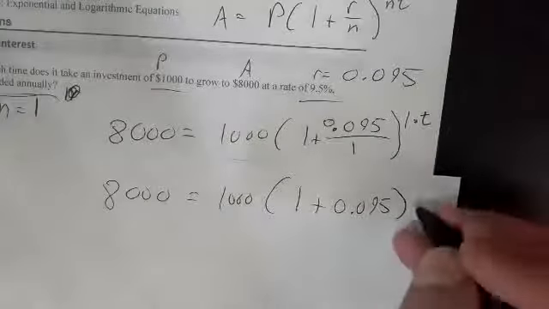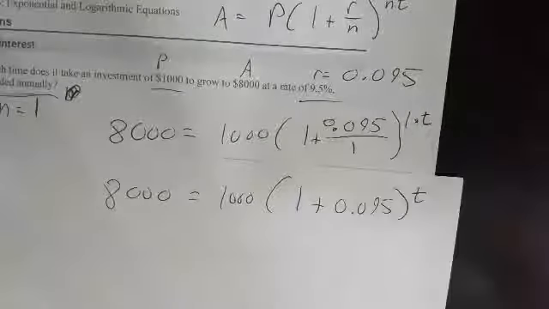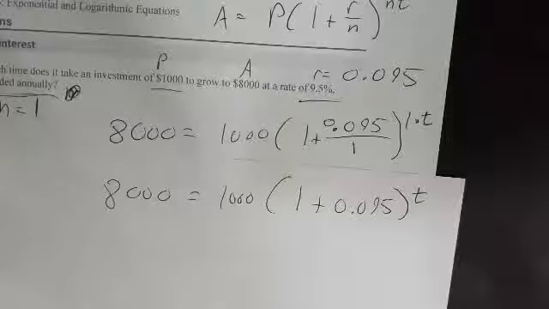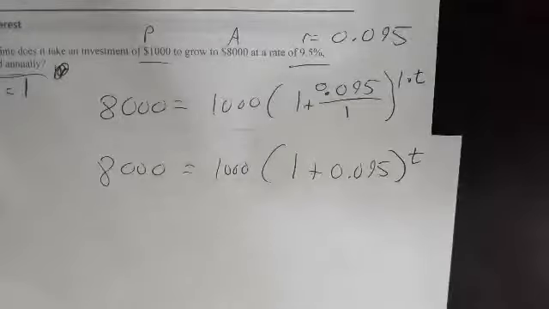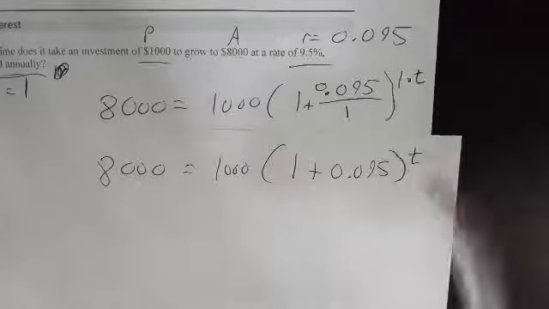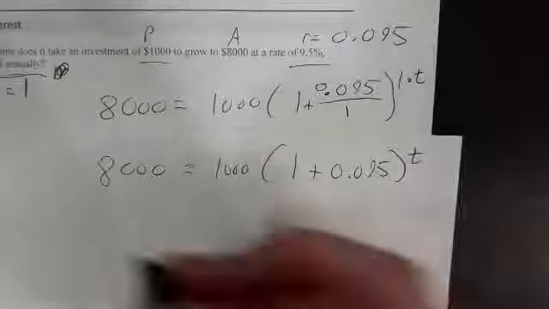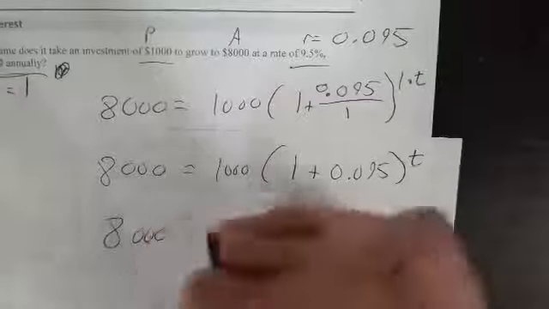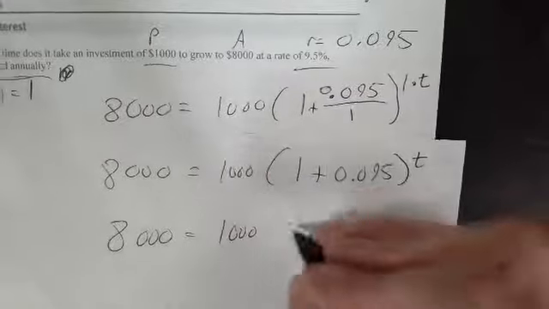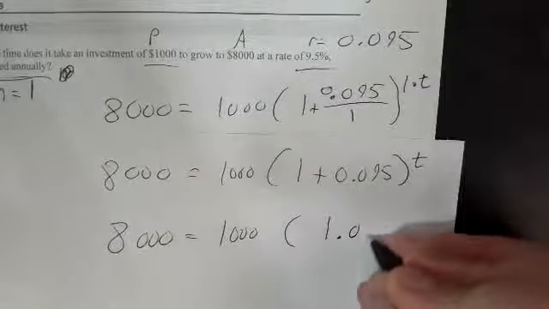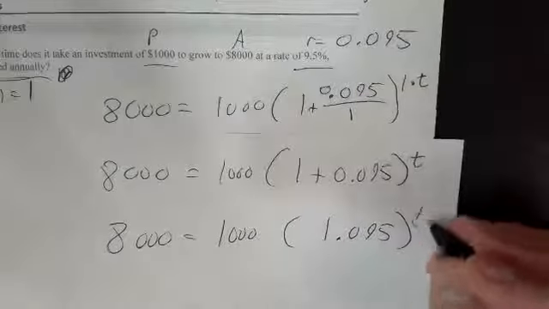And 1 times T is going to give us T. So this is the exponent that is giving us trouble. If you want to add the things in the parentheses, it might look a little bit better. But this is 1.095 to the T.